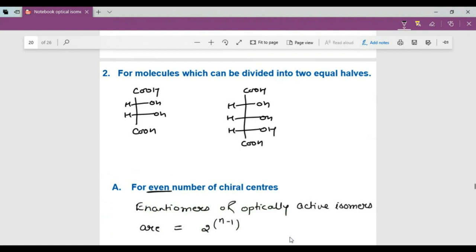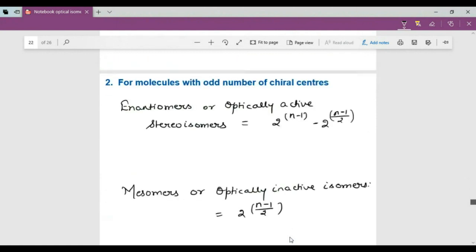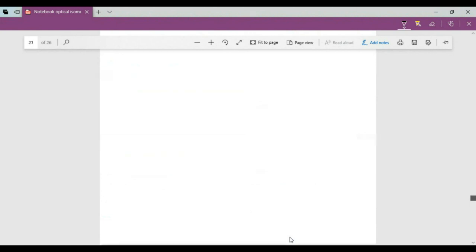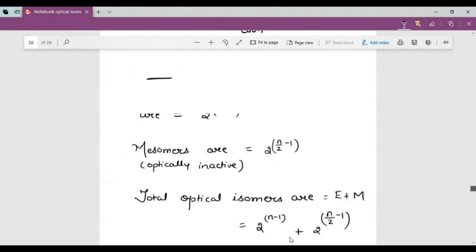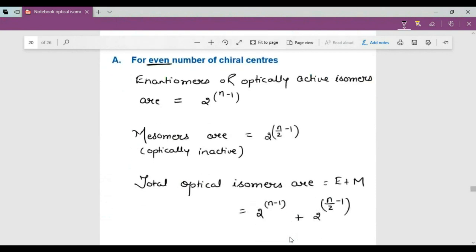It has an even number of chiral centers, or it could have an odd number of chiral centers. Coming to the even number of chiral centers, its enantiomers number 2 raised to power n minus 1. For tartaric acid, this is 2 raised to power 2 minus 1, that is 2 raised to power 1, 2.